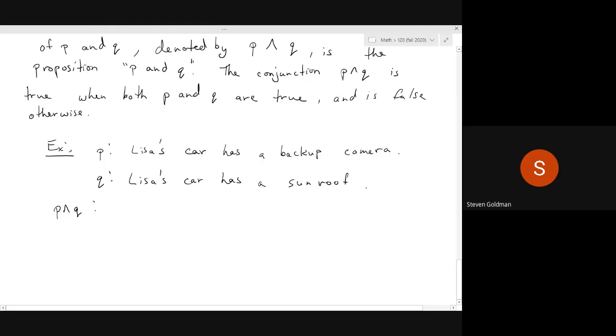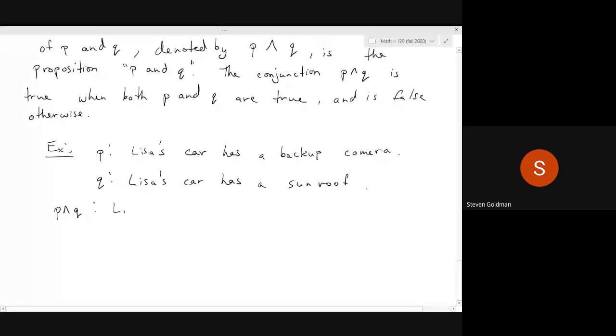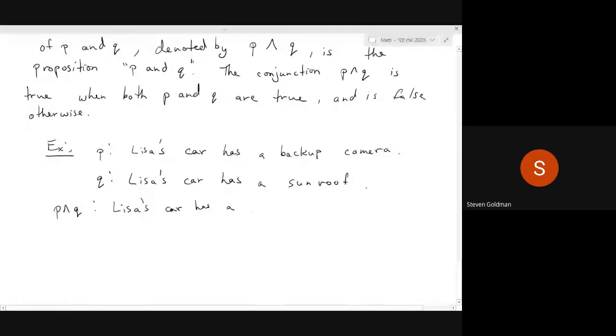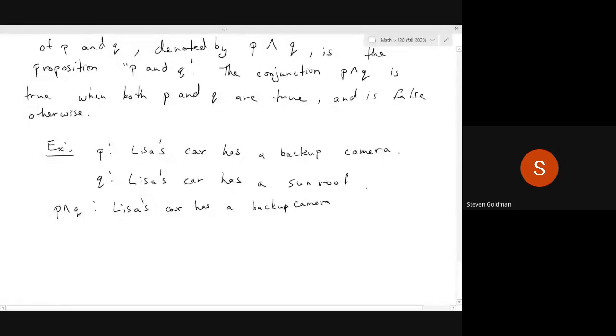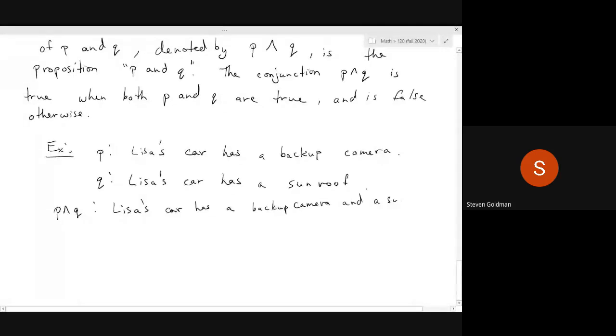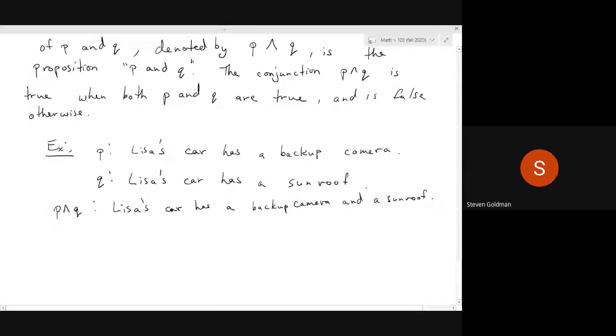Or more simply, I can simplify that to the sentence, Lisa's car has a backup camera and a sunroof. Okay.